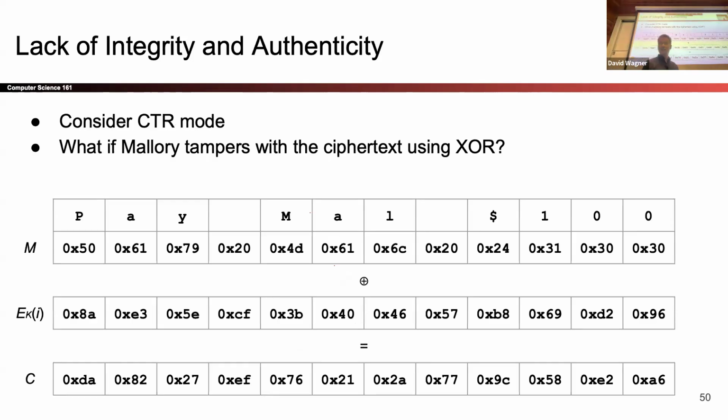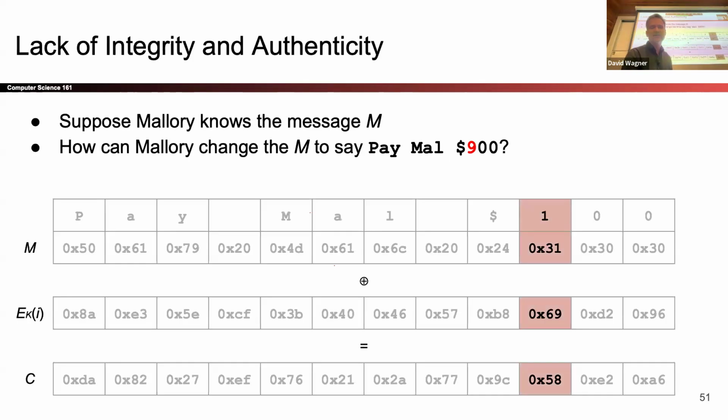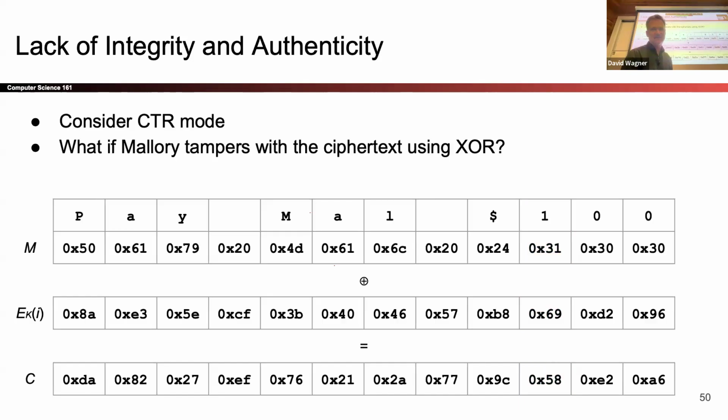If we look at counter mode, if a message is encrypted with counter mode, Alice encrypts the message and sends the ciphertext, but Mallory modifies the ciphertext while it's in transit so that what Bob receives is different from what Alice sent.